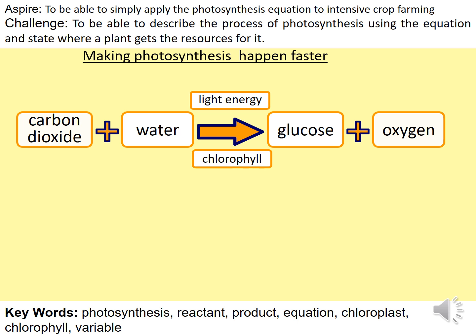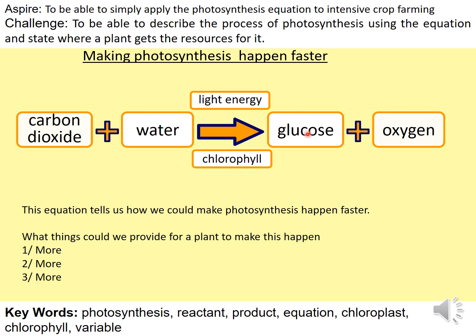So if you have a look at the equation, I'm going to give you 30 seconds just to think about some of the things that we could change that would make that equation go quicker, producing more glucose. Let me structure that for you. This equation tells us how we could make photosynthesis happen faster.